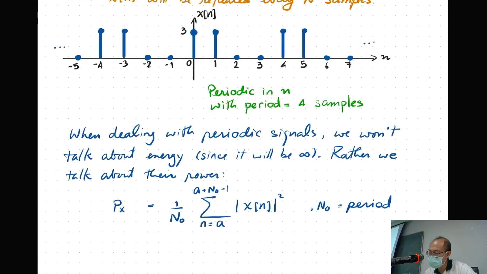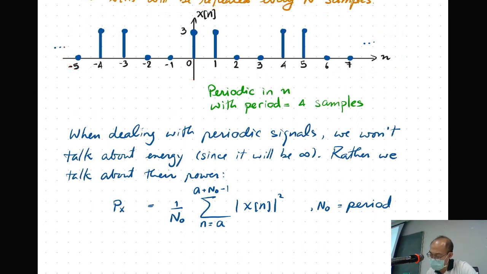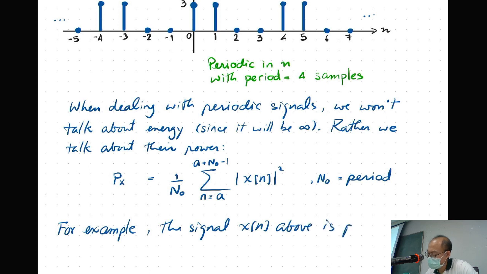For example, for the signal above, which we know is periodic, the signal xn above is periodic with period equal to 2 samples.